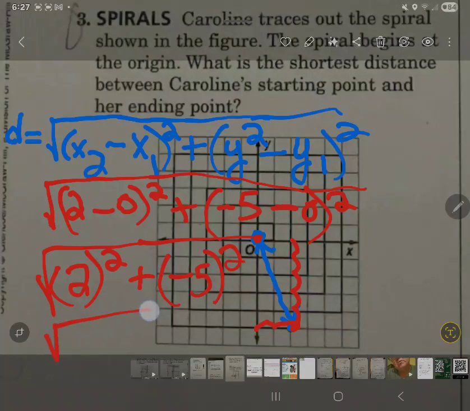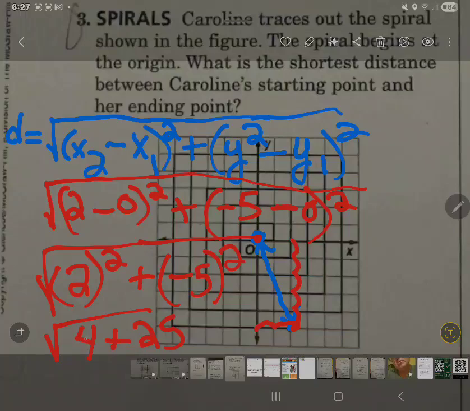So now we take 2 squared. Well, what is 2 squared? Remember, we're doing everything inside this radical first. So 2 squared is 4 plus, what is -5 squared? A negative times a negative is, what is it, Avery? A positive, of course. So -5 times -5 is positive 25.